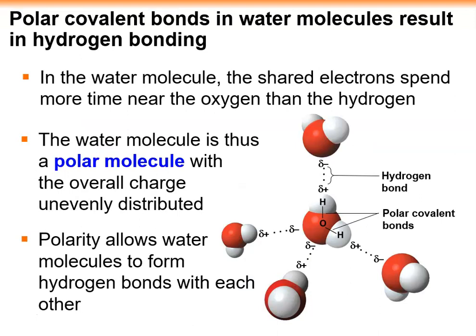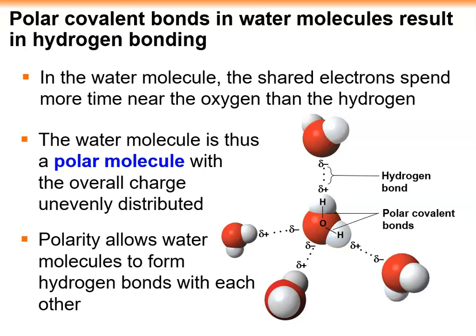So the biggest thing for this chapter, the number one thing, is to understand what's in this picture right here. A water molecule is comprised of an oxygen atom and two hydrogen atoms. Oxygen is more electronegative. What does that mean?